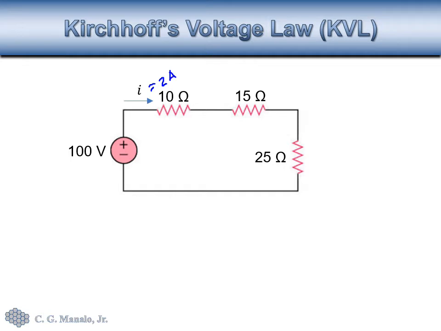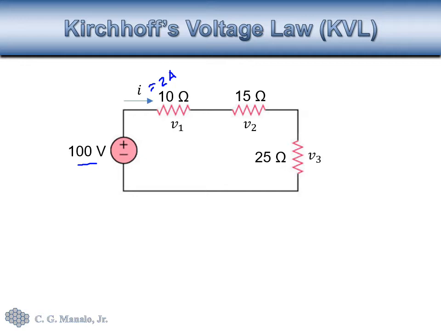But let's say we're going to use KVL here. To use KVL, first we need to label the voltage across the elements like that. For the source, we don't need to label it as the magnitude or the value, and its polarity is already indicated. The next step is determining the sign of these voltages.